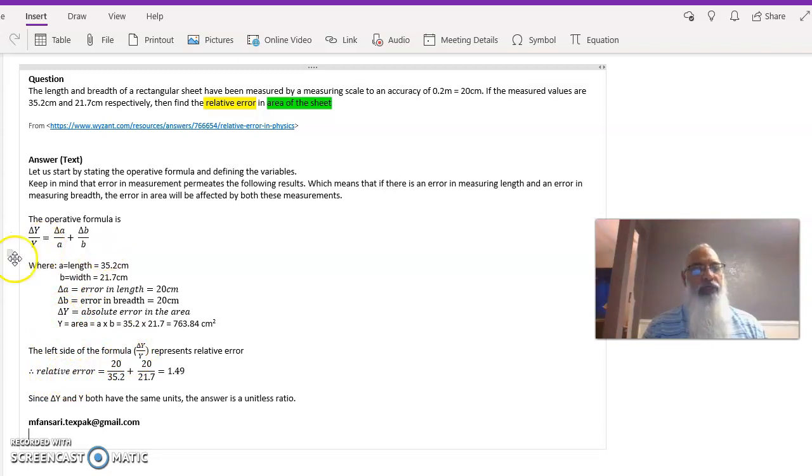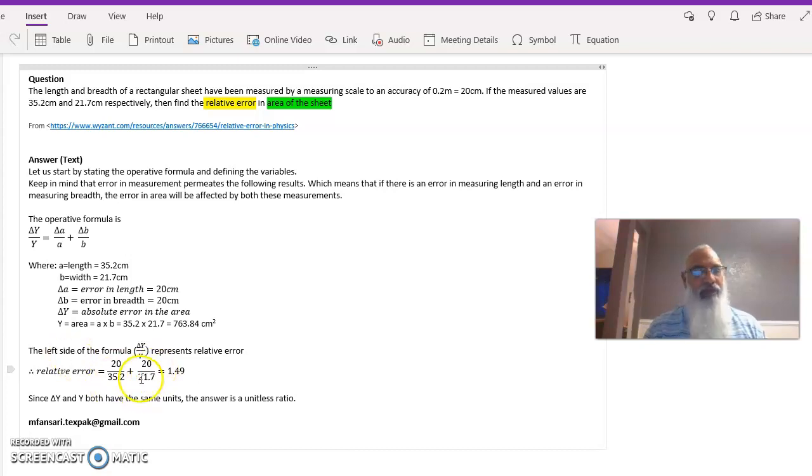So if you look at the formula once again, the left-hand side is relative error because it's delta y over y. And then on the right-hand side, you have all the values, so all you have to do is plug in and solve. So the relative error then works out to 20, which is delta A, over 35.5, plus 20 over 21.7, and that comes out to 1.49.